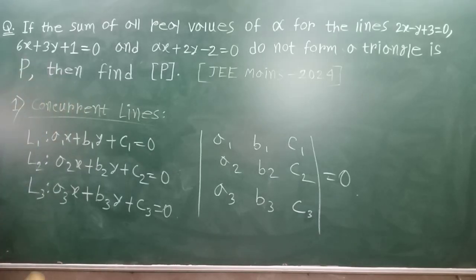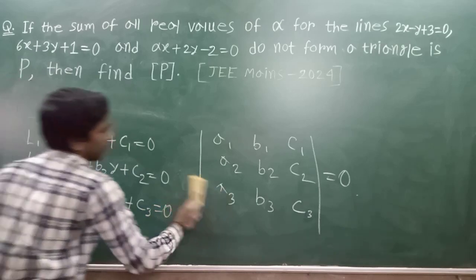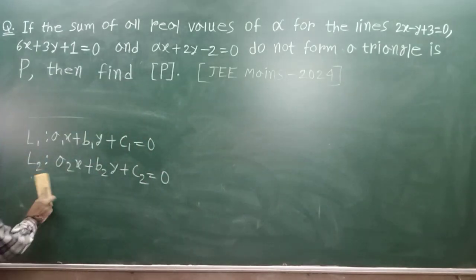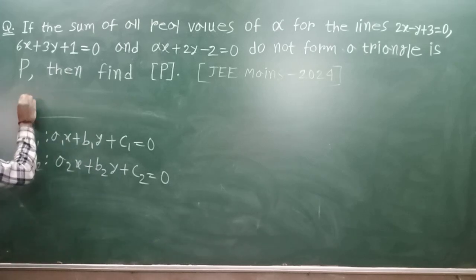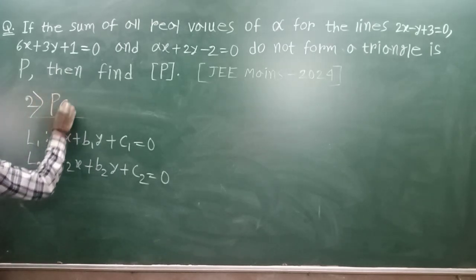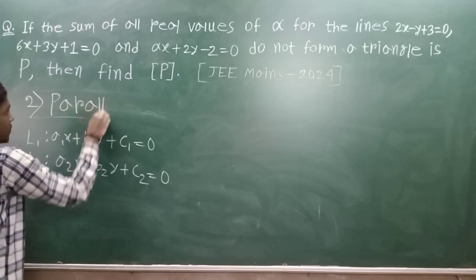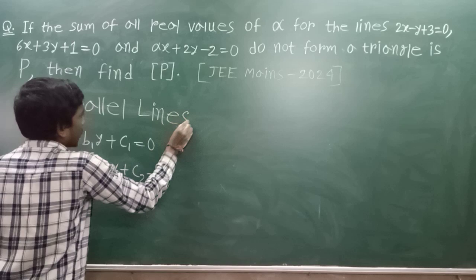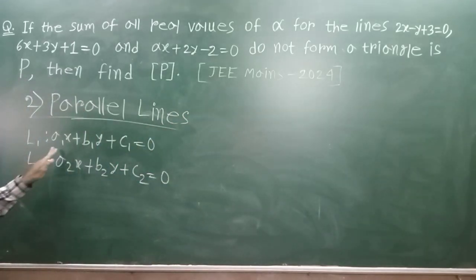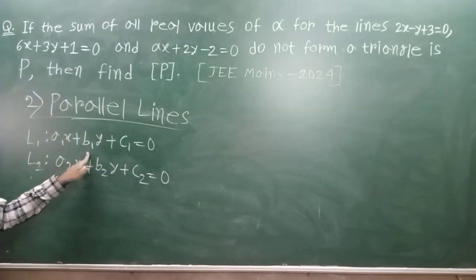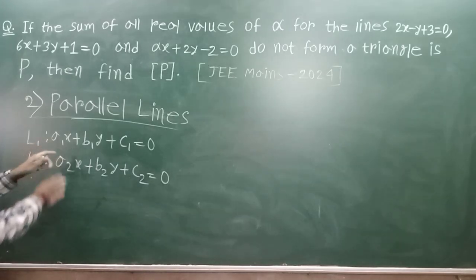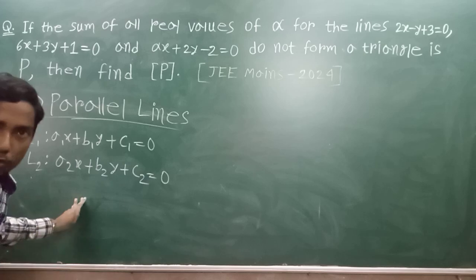Okay. Now the next concept is parallel lines. If there are two lines L1 and L2 whose equations are given like this, then these lines will be parallel if the coefficients of x and y are proportional to each other.